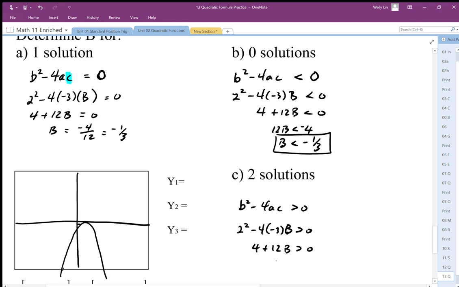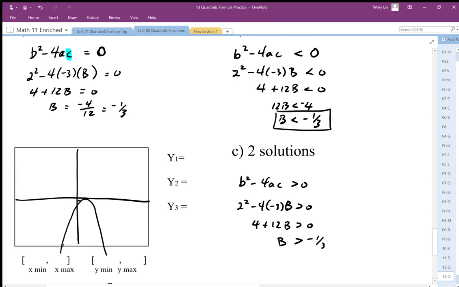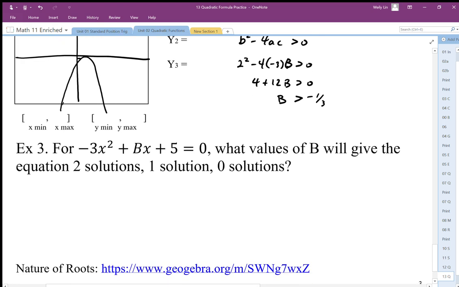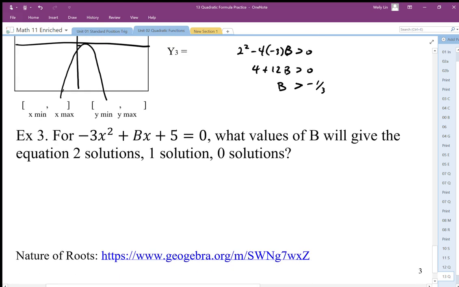So b is greater than negative 1/3. If it's more in the positive direction, we're going to get two solutions. We can see physically how that's going to happen. So we can figure out the b values that will give us two solutions, one solution, or zero solutions.